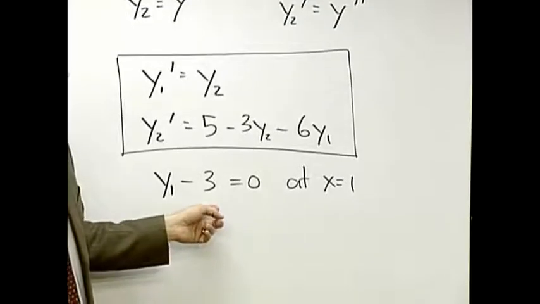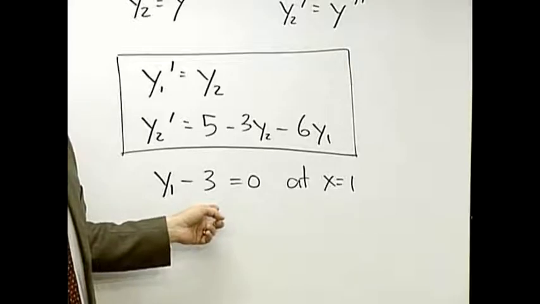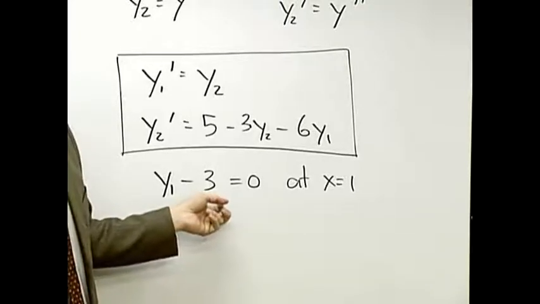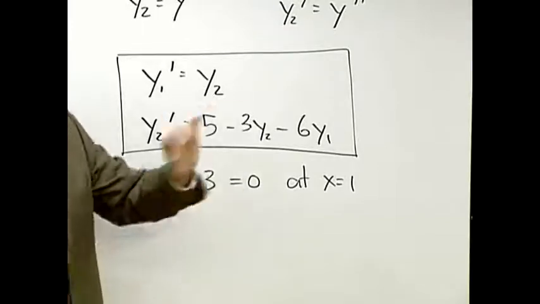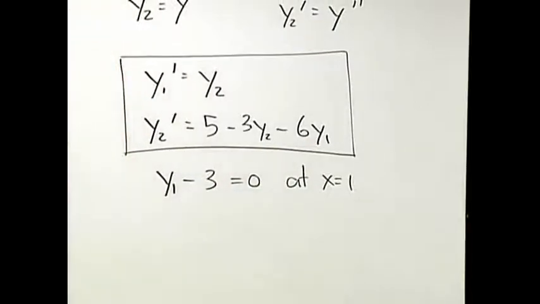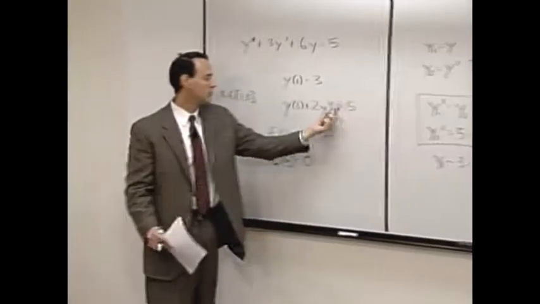Sorry, you make them equal to 0 because that's the convention for the solver? That's the convention for the solver. I want some function that's equal to 0. The other one, if I move that over, I just move the 5 over.